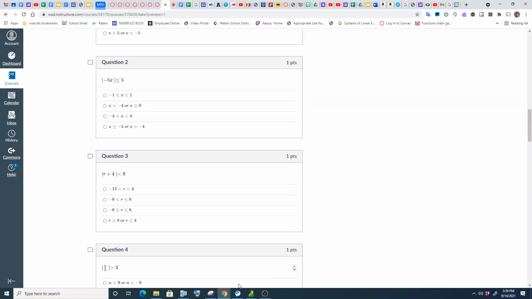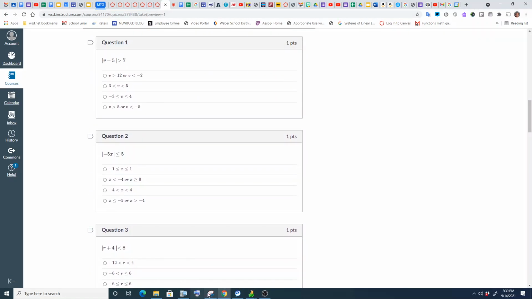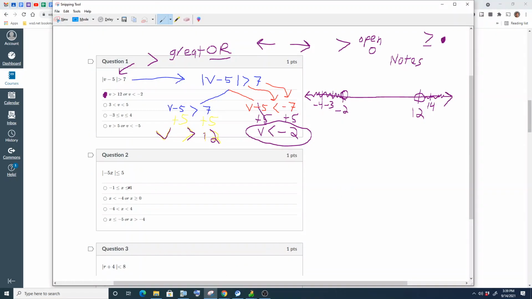Nice, nice. Let's go back to number 1 and just show you number 2 now, just to give you one more taste. So number 2 has got a little bit of a trick to it because we're going to be dividing by a negative.